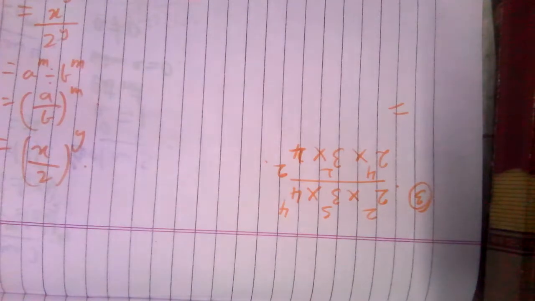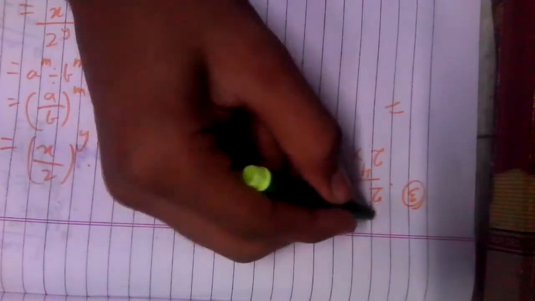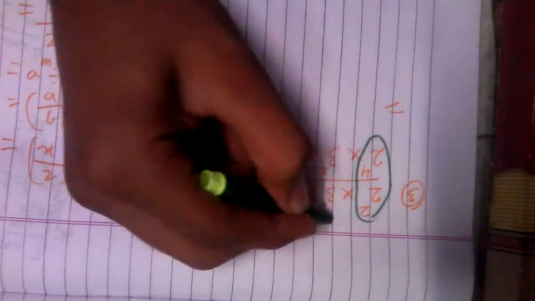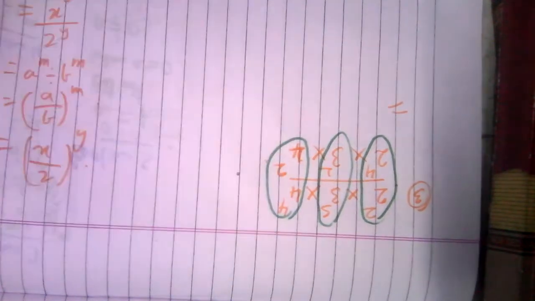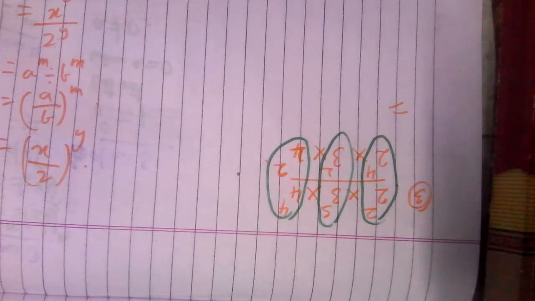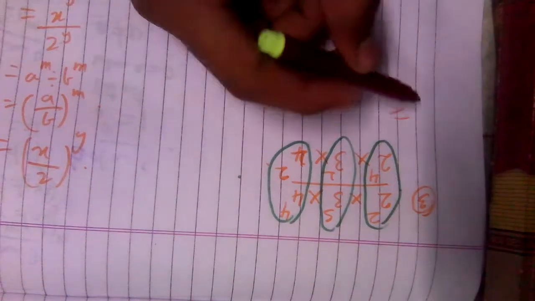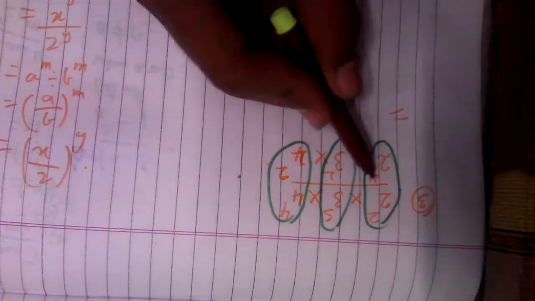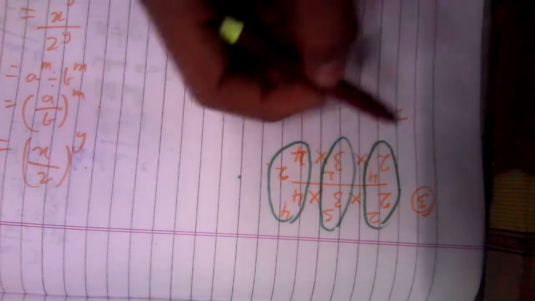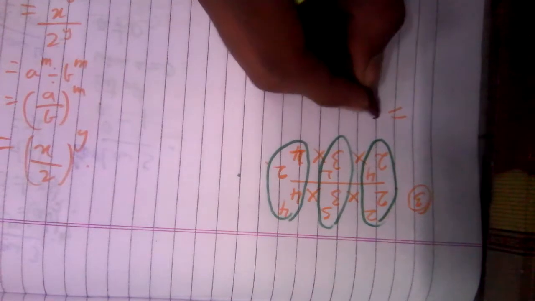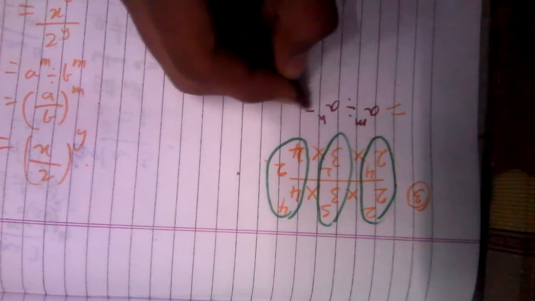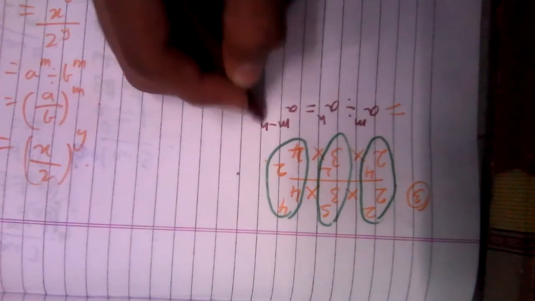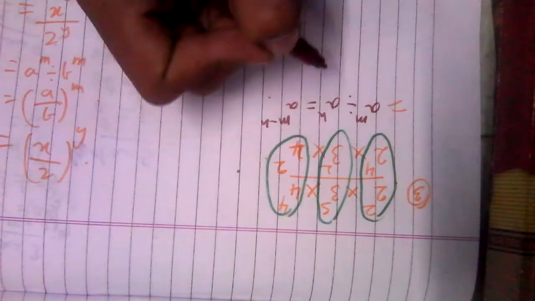The similar terms here are this, this and this. They are the similar terms in this equation. Change the color. So we already know that a to the power of m divided by a to the power of n will be equal to a to the power of m minus n. We are going to use it for the whole problem here.